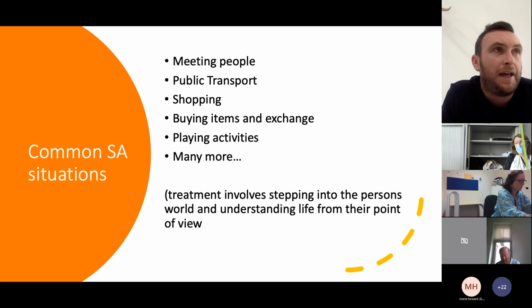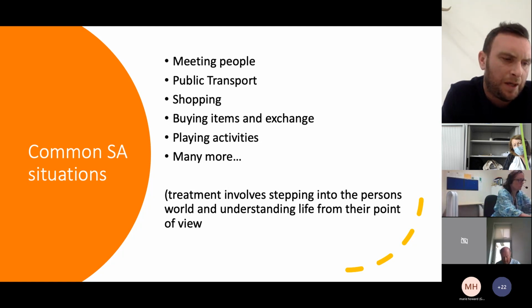Often they might give vague answers to questions about what they find anxious and what might provoke anxiety. Often the case is about trying to understand and unpack exactly what the person means, to help us understand what exactly they're doing and thinking whenever they're in specific situations.